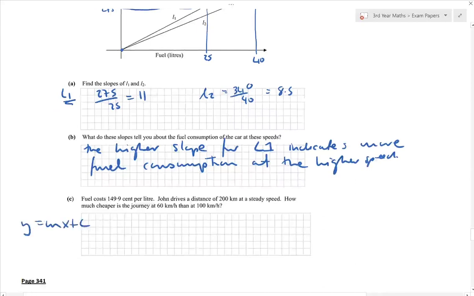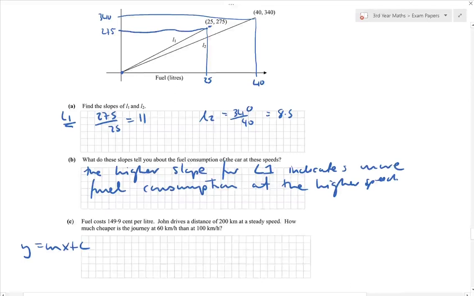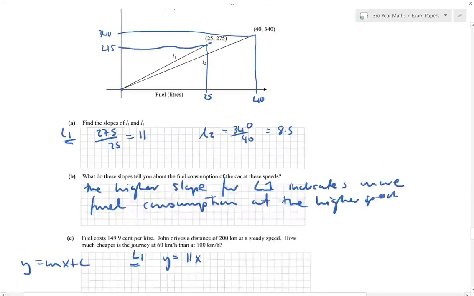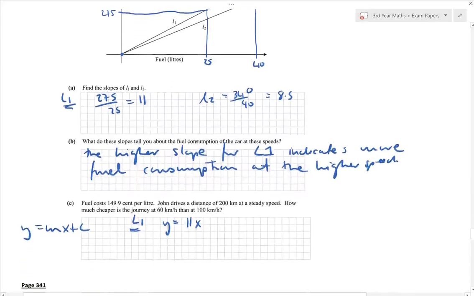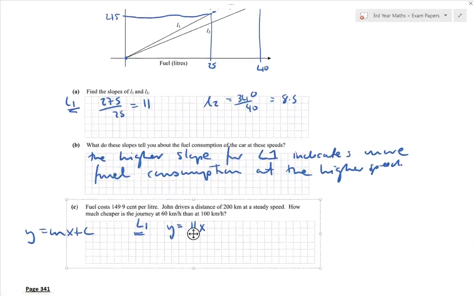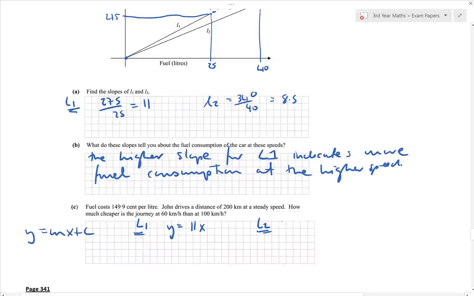Okay, so if I use this formula for line 1, y equals, the slope is 11x. Where does the line cross the y-axis? At 0. So the equation of the line is y equals 11x plus 0, or just y equals 11x. Line 2, y equals mx plus c, we know the slope is 8.5.